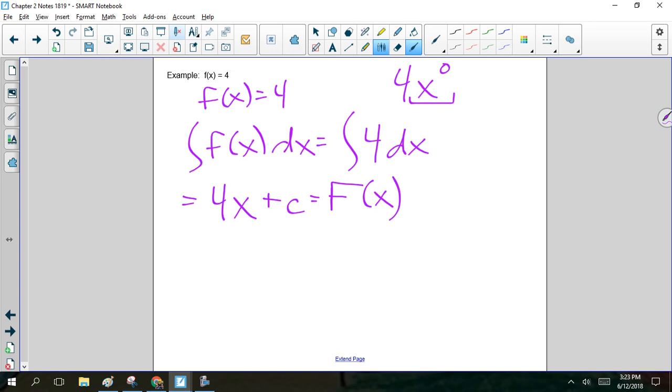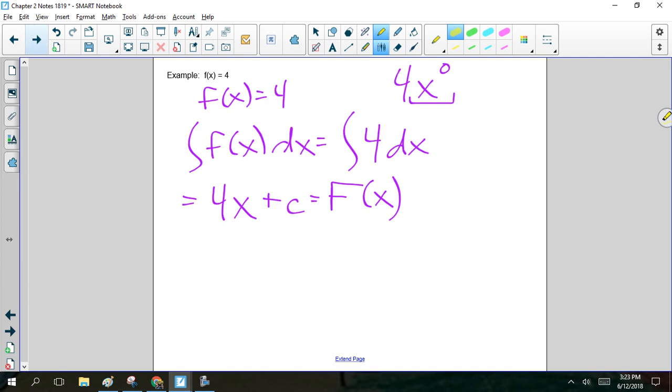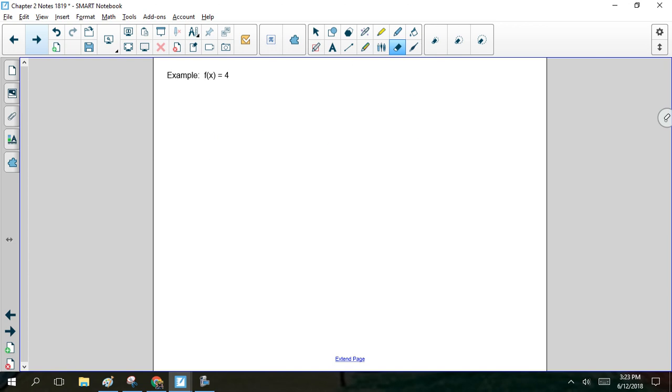Now, to figure out what c is, I would have to give you at least 1 point on the graph of F of x. So maybe the problem would say, suppose little f of x equals 4.